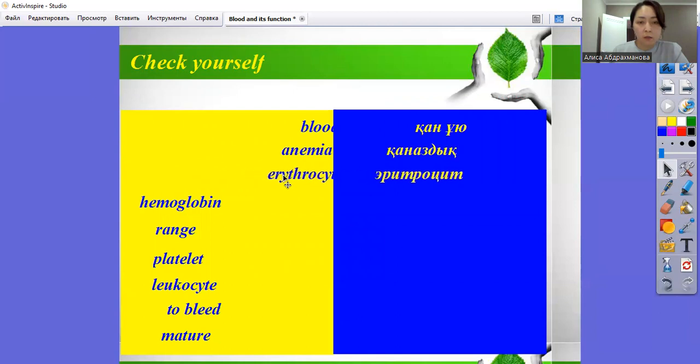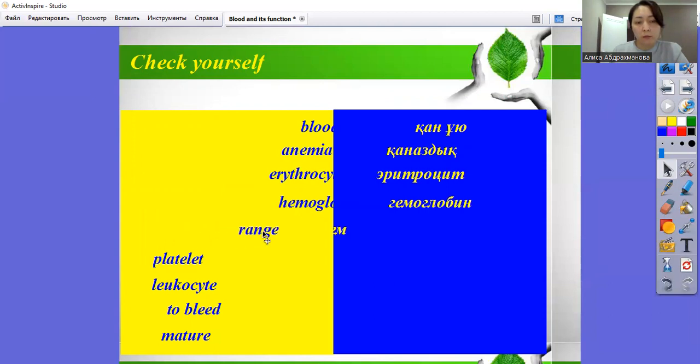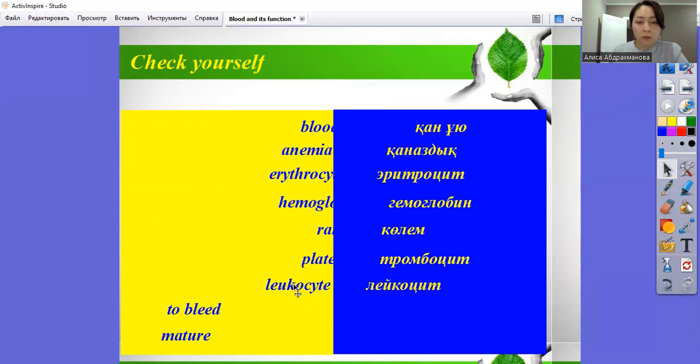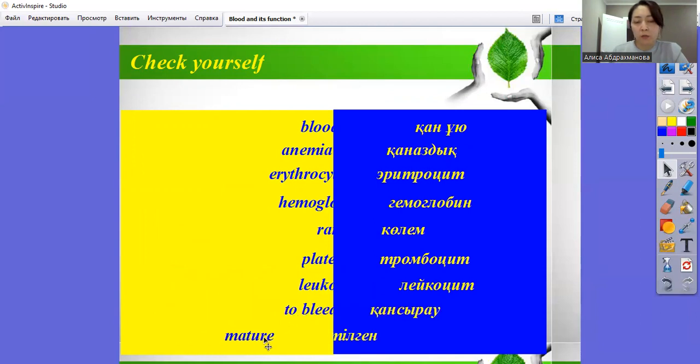Erythrocytes, эритроциттер, хемоглобин, range бұл көлем, немесе platelets, it's thrombocytes, тромбоциттер, leukocyte, ақ қан жасушалары, to bleed бұл қан ағу, я? Мұнда бұл жаңағы піскен, немесе зрелый, жетілген жасушалар.